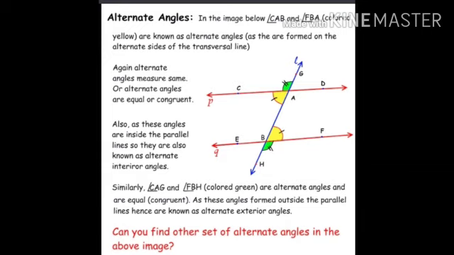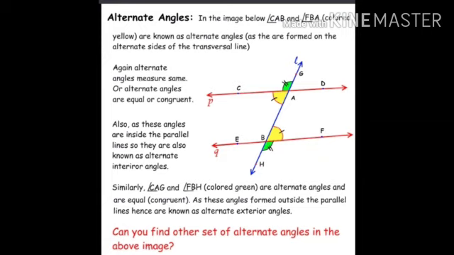is the transversal. Here, angle CAB and angle ABF are alternate angles.